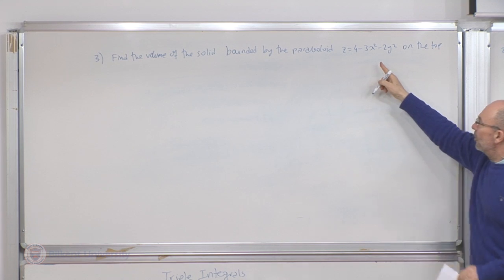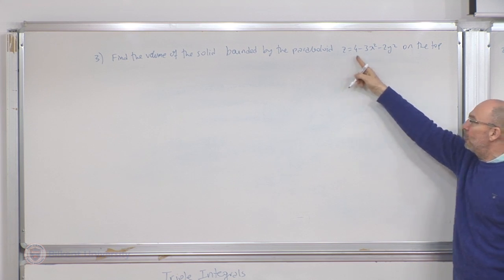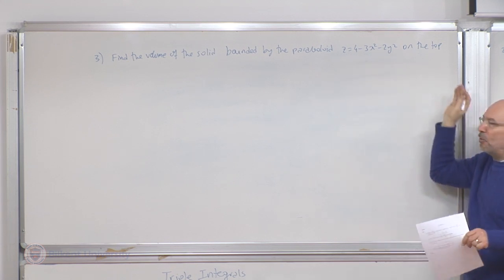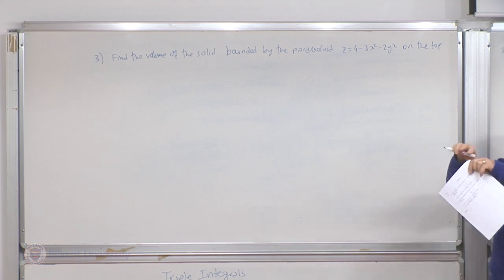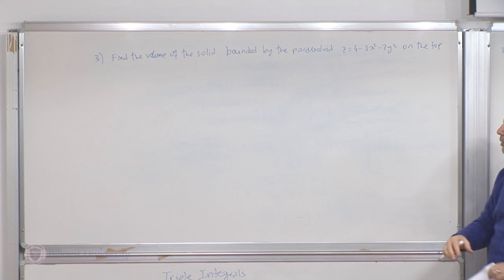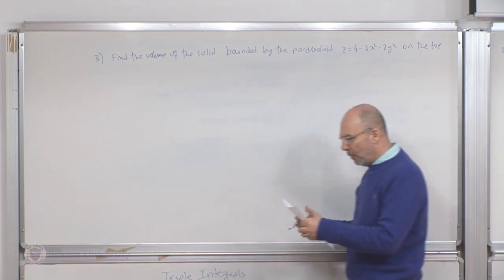So this is a paraboloid going downwards. When xy is 0, z is 4, and when xy is different than 0, this becomes smaller. It's just like an umbrella going down like this. So this is bounding our region from the top.